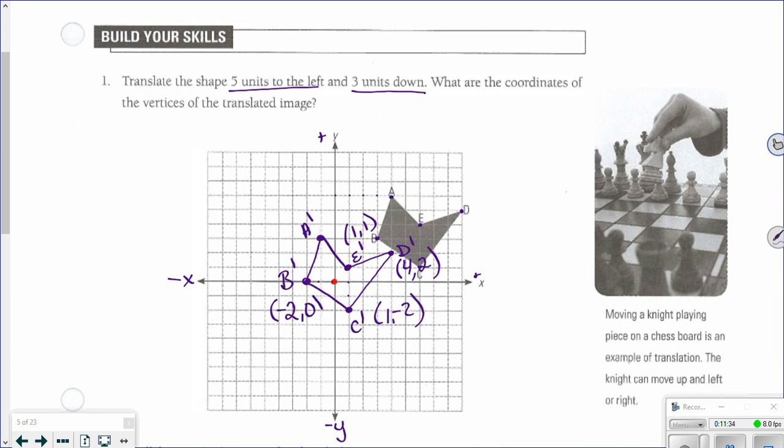I stay on my axis, so I'm going to have 0 in my Y. And then to get to A, I go left 1, so negative 1, up 3, so positive 3. Those are my coordinates for all of my new prime vertices, or my new translated vertices.